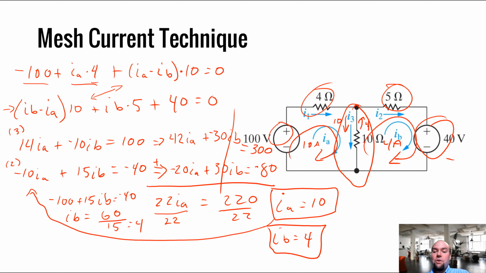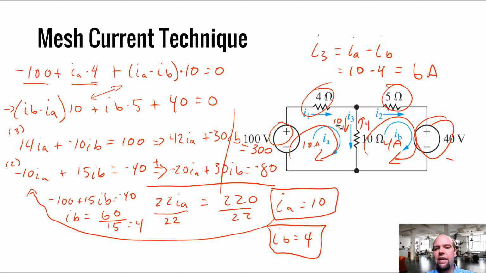So what's my actual current in this branch? I3 in this case is going to be IA minus IB, 10 minus 4, 6 amps. So in actuality here, I have 6 amps. Can I think of 6 amps as 10 amps swirling down, 4 amps swirling up?